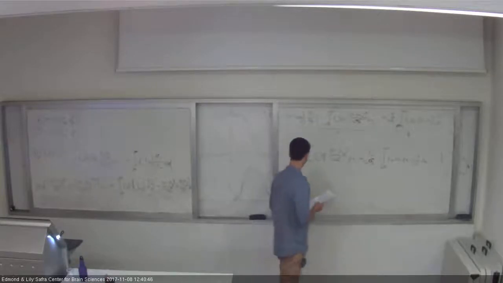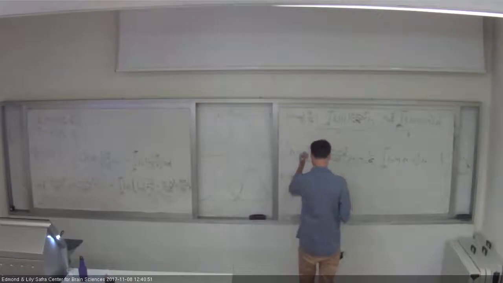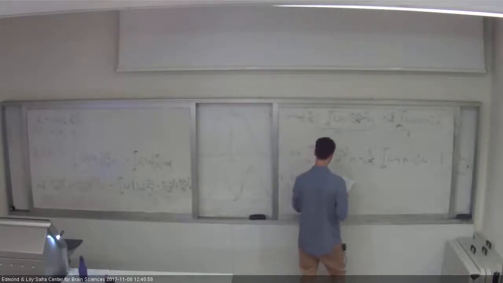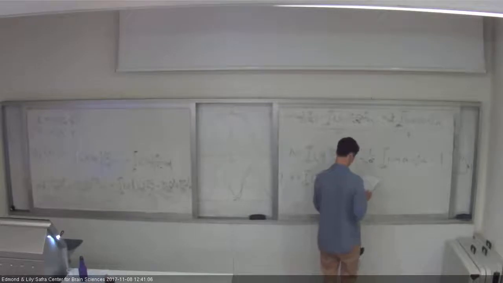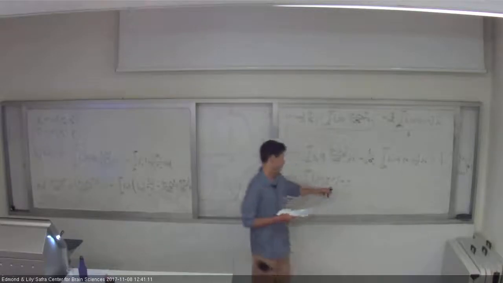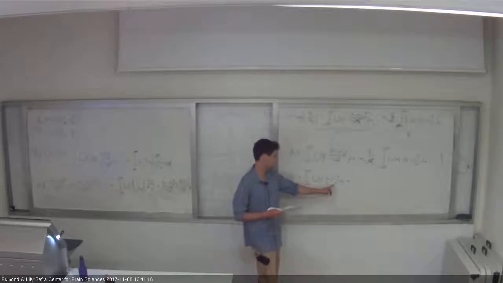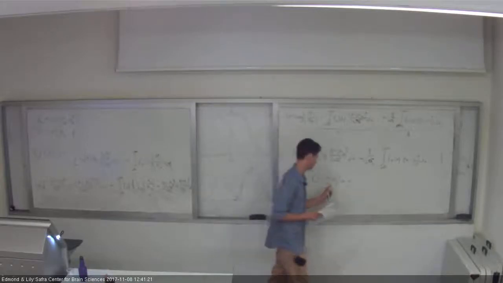And now B is equal to the integral from minus infinity to infinity of f0 (x minus mu 1) squared dx. And now we can do a trick.